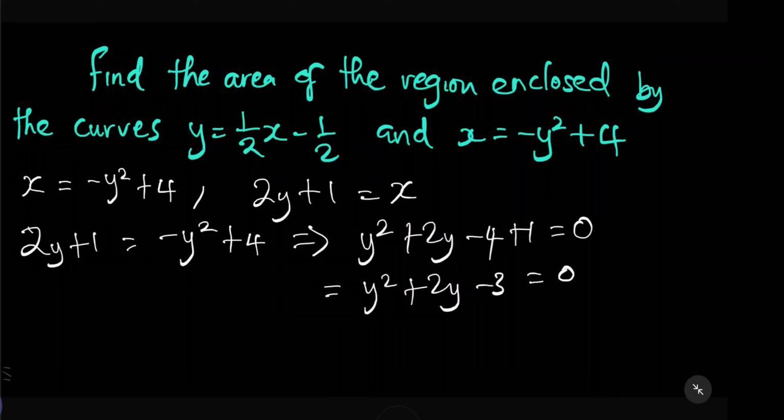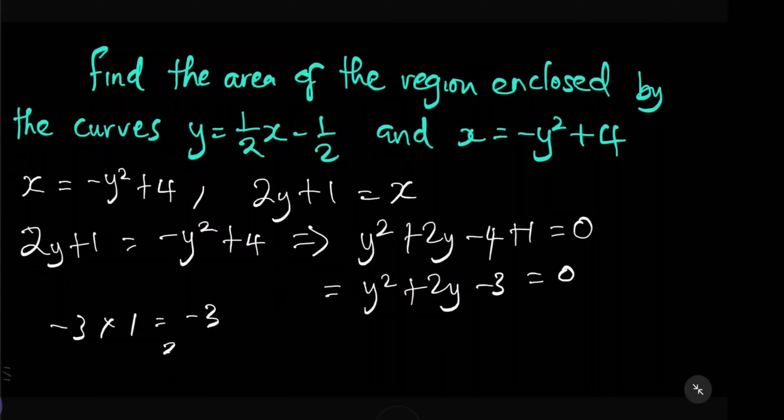Now, using our factorization method, we multiply the value of the constant with the coefficient of the first term, and find the factors of that product whose sum is the value of the middle term. That is minus 3 times 1, which is minus 3. So what are the factors of minus 3 whose sum is plus 2?